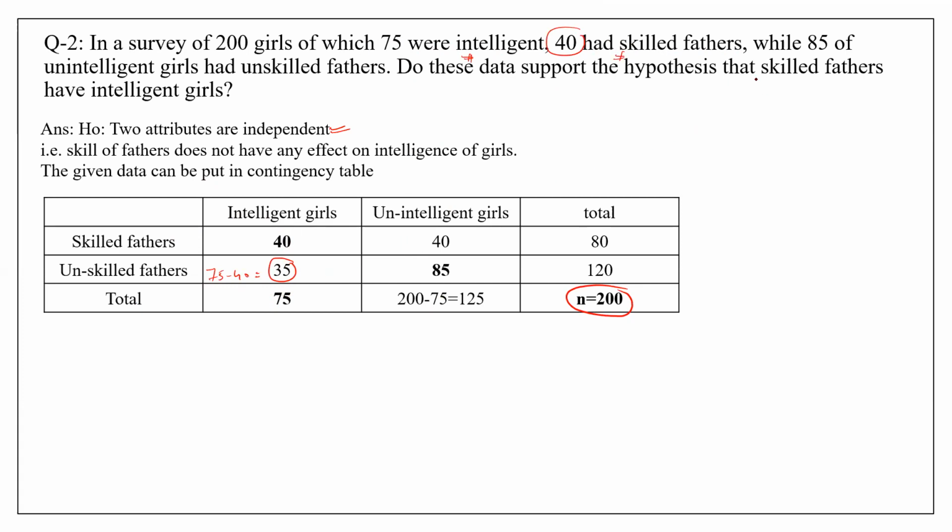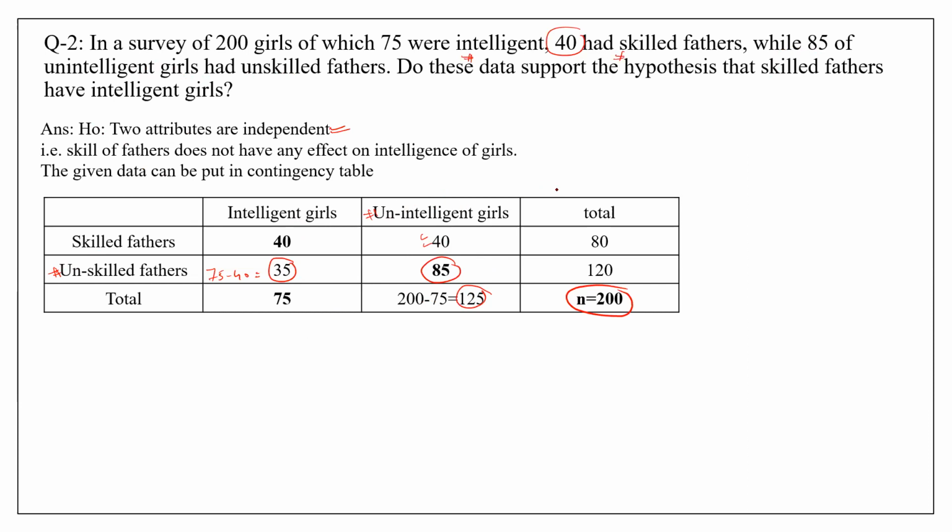Next, 85 of unintelligent girls had unskilled fathers. So unskilled father and unintelligent girl is 85. If you have intelligent girls as 75, then 200 minus 75 is 125. Just put the number here, and 125 minus 85 will be 40.